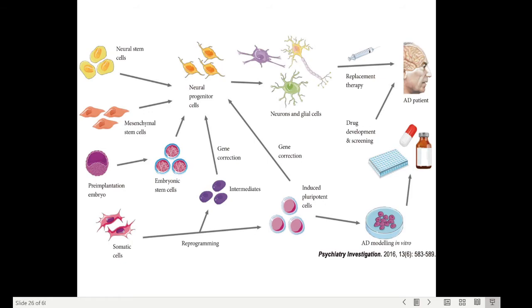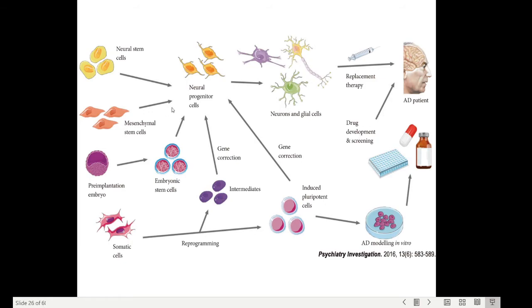Stem cell technology. The outcome of this stem cell technology is for patients with AD, Alzheimer's disease, I think, who want to get their memory back. They lost the memory, and they need to develop the memory. Memory cells are not able to grow after a particular period.